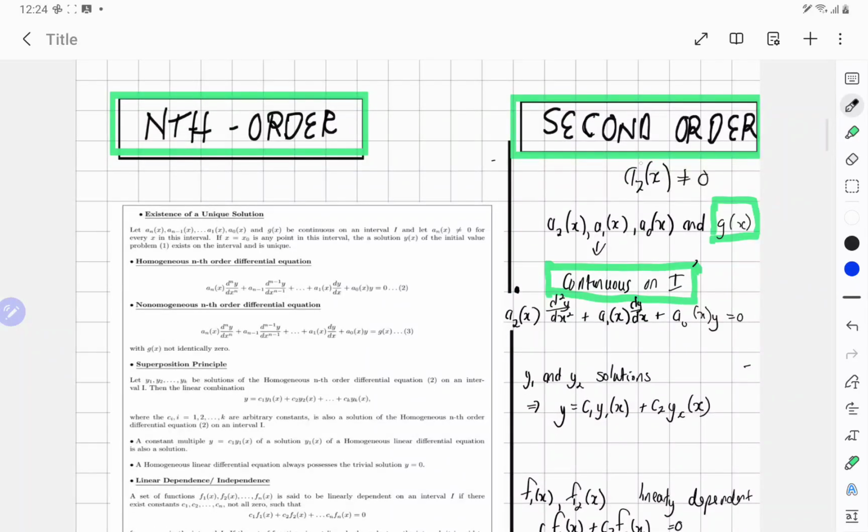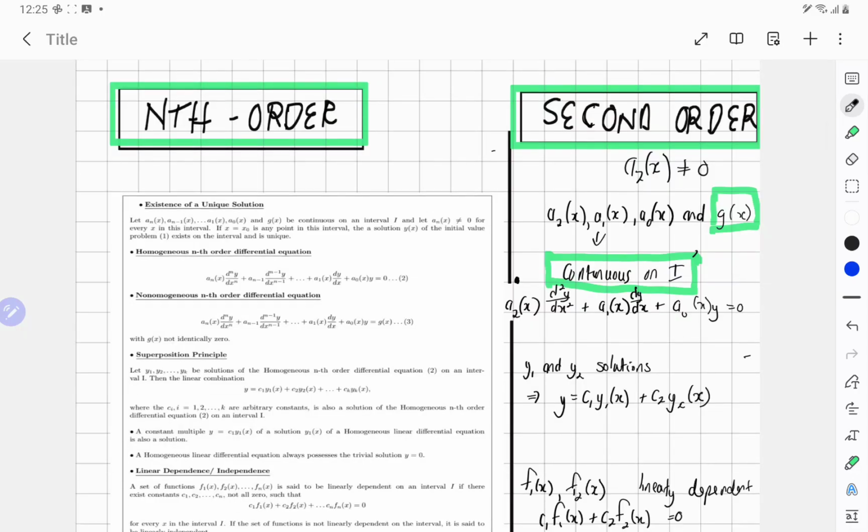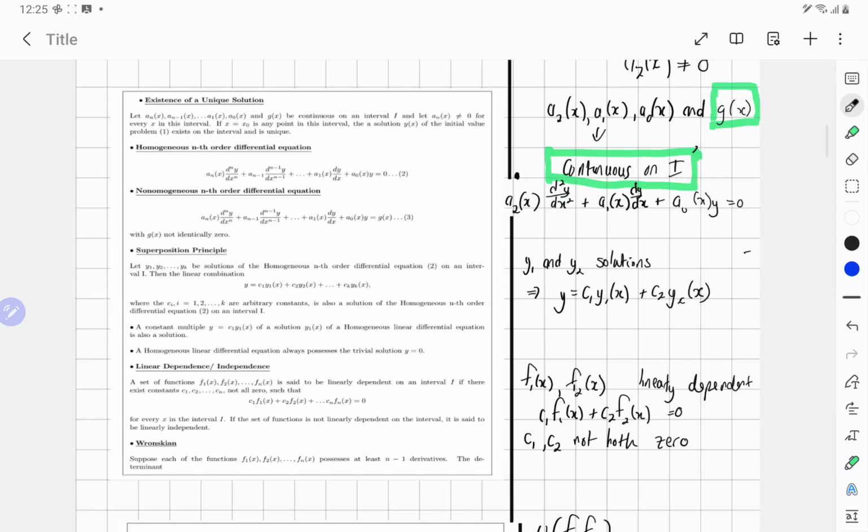So the coefficient of the highest order derivative must never be 0, and the coefficients must be continuous on an interval. What does continuous on an interval mean? It must be defined on the specific interval we are working on. So there is our second order differential equation.